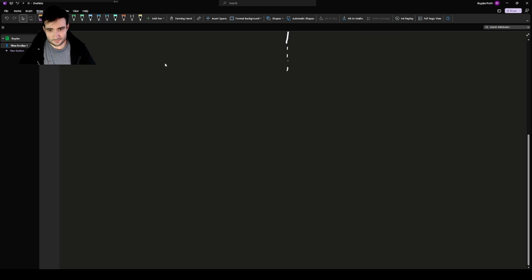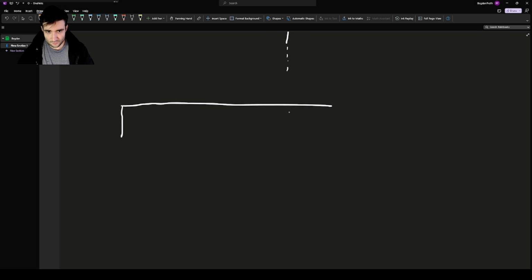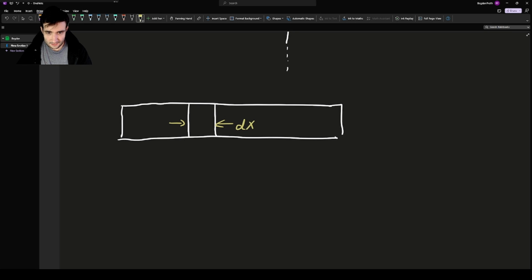So I'm going to zoom in and I'm going to draw the conductor in this way. And then this bit from here to here, this is supposed to be infinitely small, but I'm just exaggerating for the sake of it. So this will be dx.